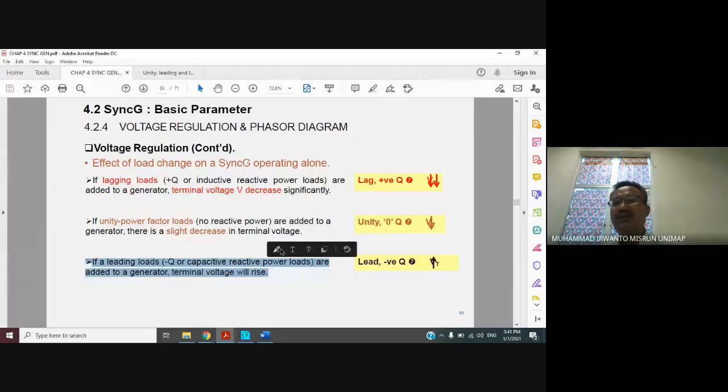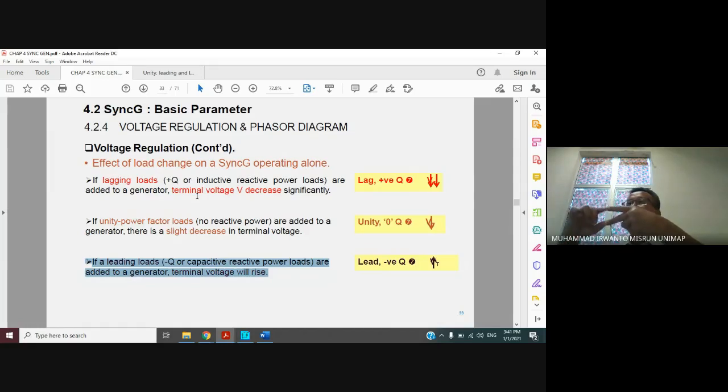This is the condition of the synchronous generator for the various types of load: resistive, inductive, and capacitive, or combination. If the combination is RL, it is more inductive, more lagging. If RC, it is more capacitive, meaning the power factor is leading. But if the combination is RLC, we have inductive reactance and capacitive reactance.